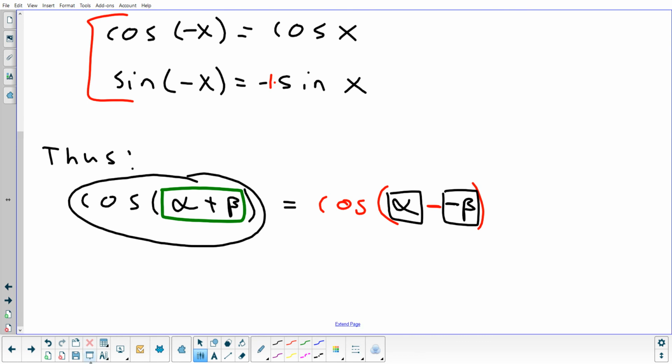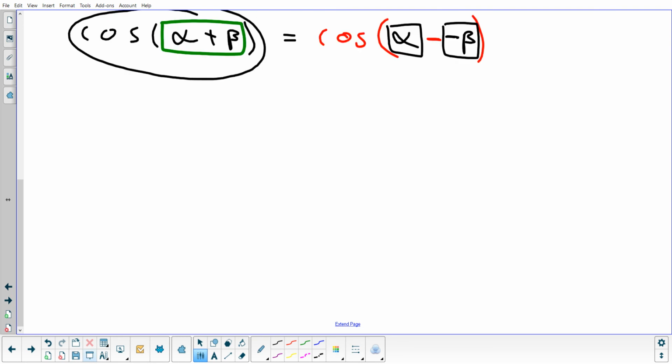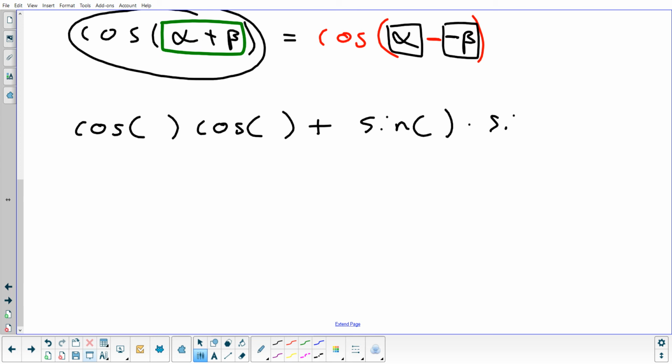Okay, Jake, can you remind me how the cosine difference formula starts out? Cosine times cosine, yep. Plus sine times sine. And Sarah, what's going to go in the first parenthesis? Alpha. And the second one?